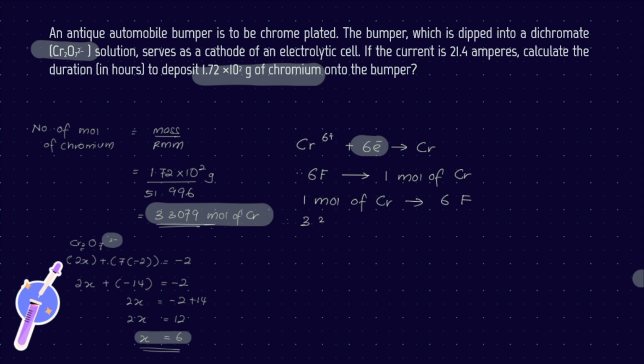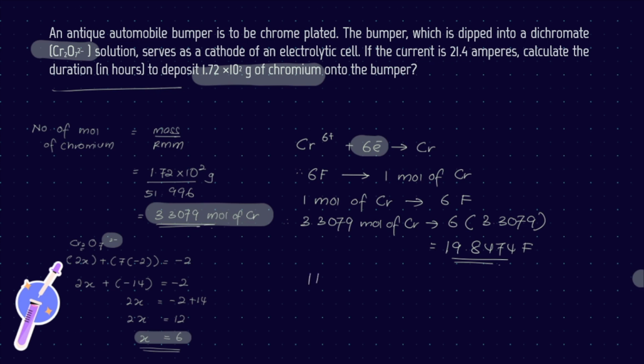But we already calculated that we have this much chromium, therefore 3.3079 mole of chromium is equivalent to 6 times 3.3079. Therefore you will get 19.8474 Faraday. But you are going to calculate the time, so you still need to convert the unit from Faraday to Coulomb. 1 Faraday is equivalent to 96,500 Coulomb.